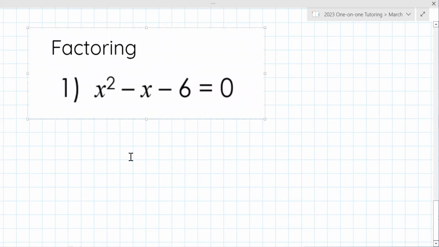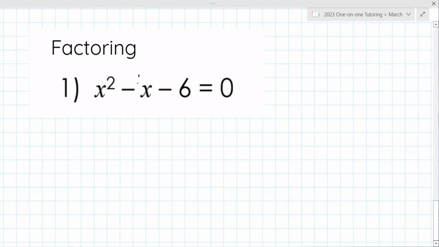Can you tell me what you remember about factoring that might apply to this problem here? I don't know. Nothing. I just got to do the X. So we've done problems like this before, and that's why I'm asking, do you remember anything about how to do this style of problem? Yes. Okay.